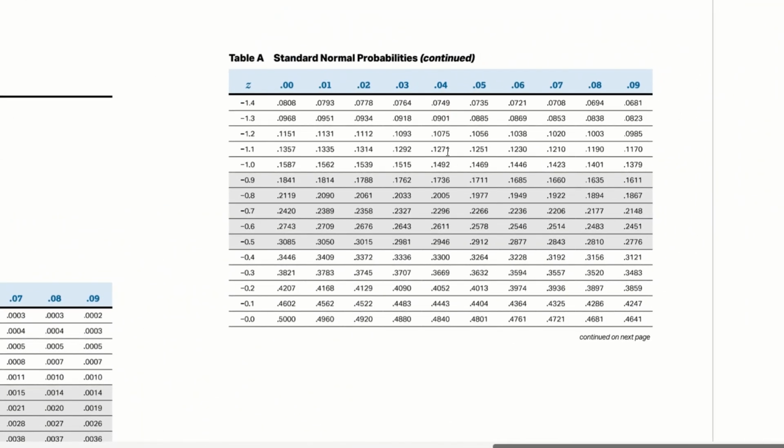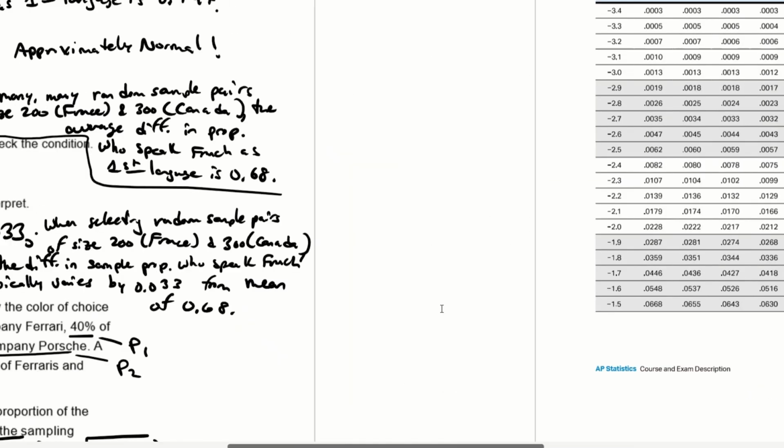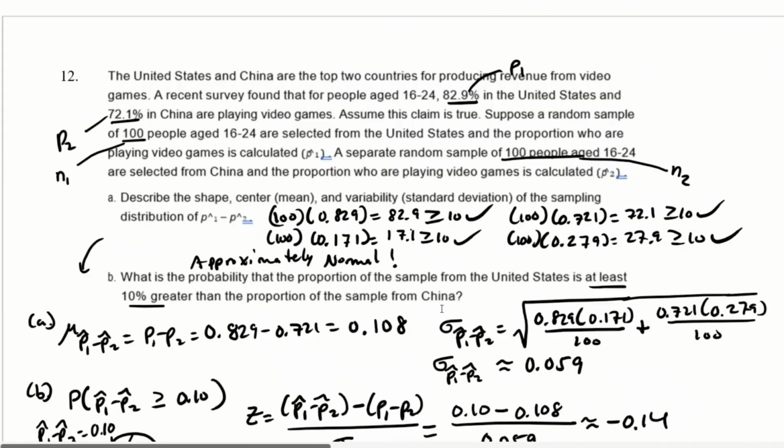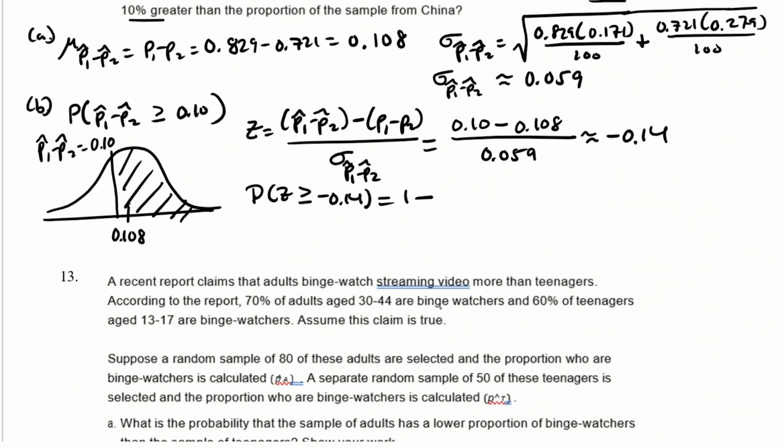It looks to be about 0.4443. So 1 minus that is 0.557. That's the table method.